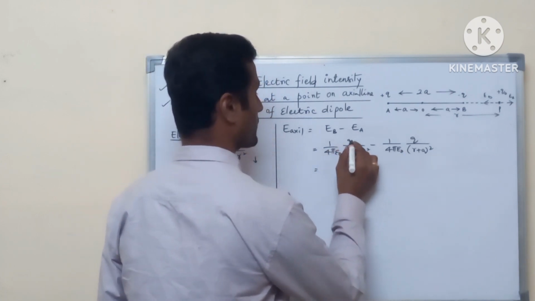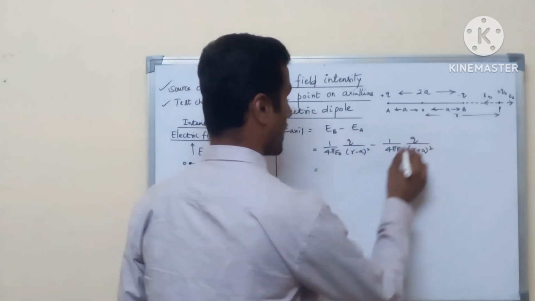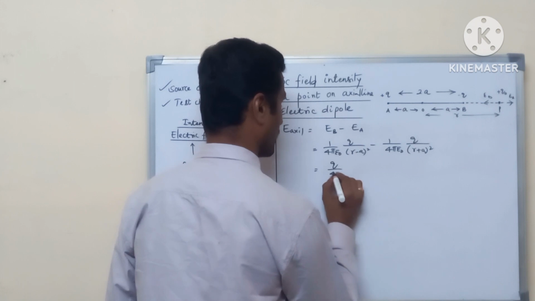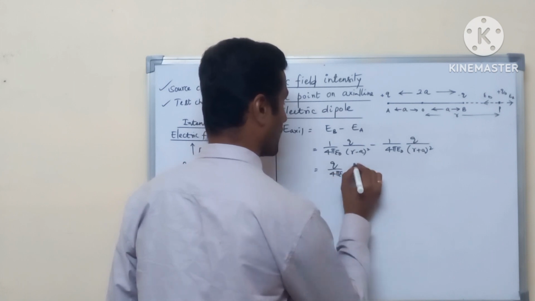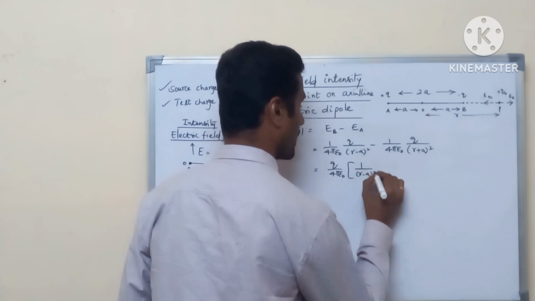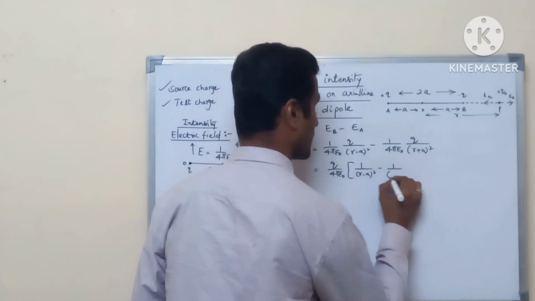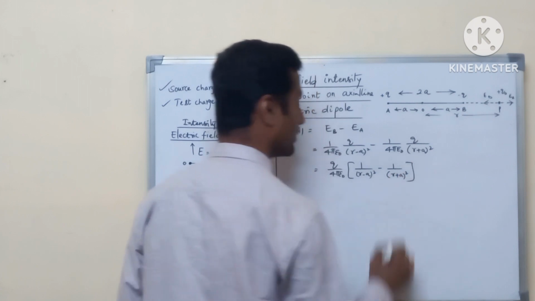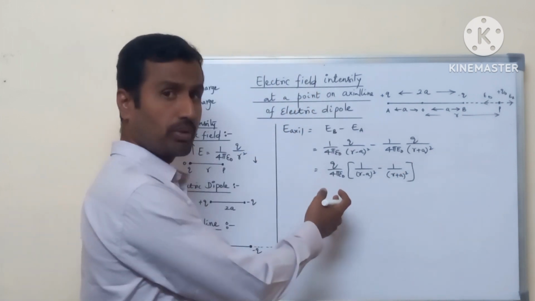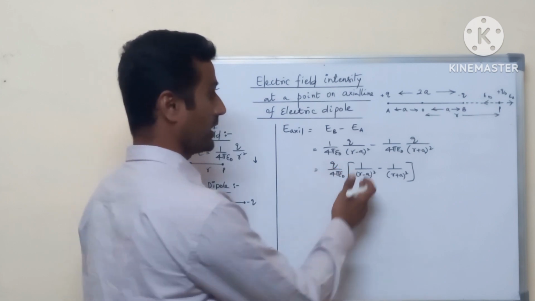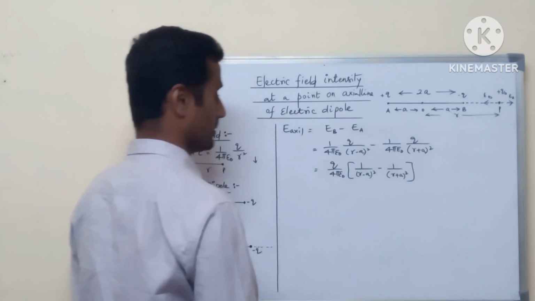Here 1 by 4 pi epsilon naught into Q is a common factor, so we can write Q by 4 pi epsilon naught into 1 by R minus A whole square minus 1 by R plus A whole square. By taking the common factor Q by 4 pi epsilon naught, we can write the above equation like this.